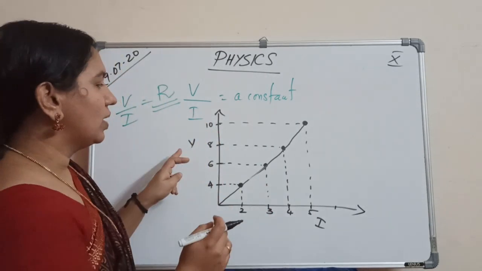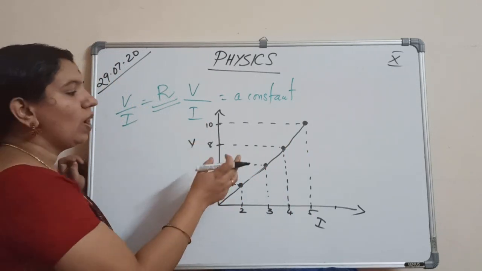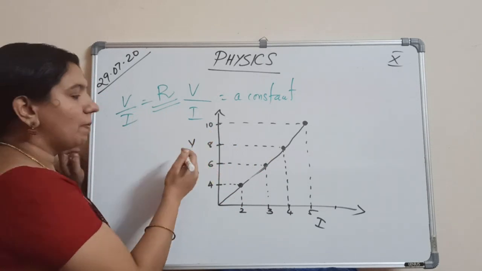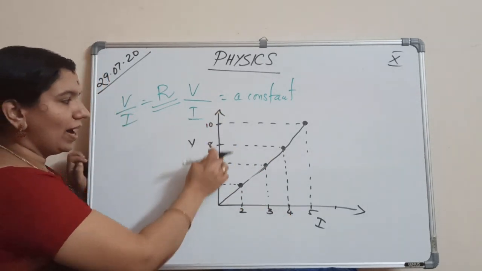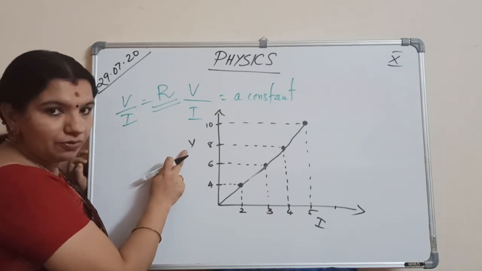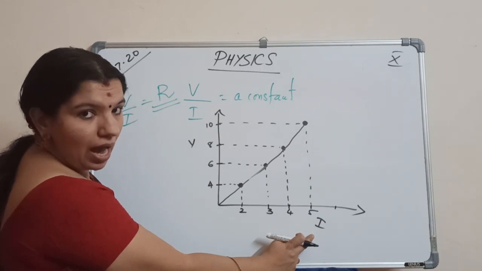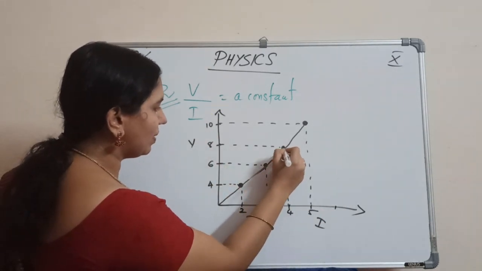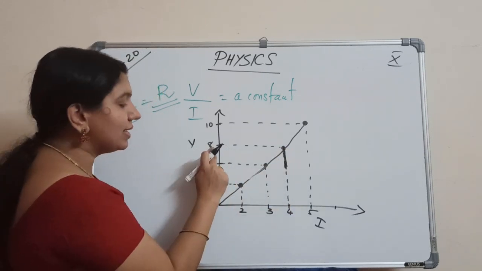Okay, so from this particular graph also I can calculate what? Resistance. How can I calculate? By taking the y distance and x distance. In the y axis I am putting the value for V, and in the x axis I am taking the value for I. So if I take a particular value like this, you know that here it is 6 and here it is 8.